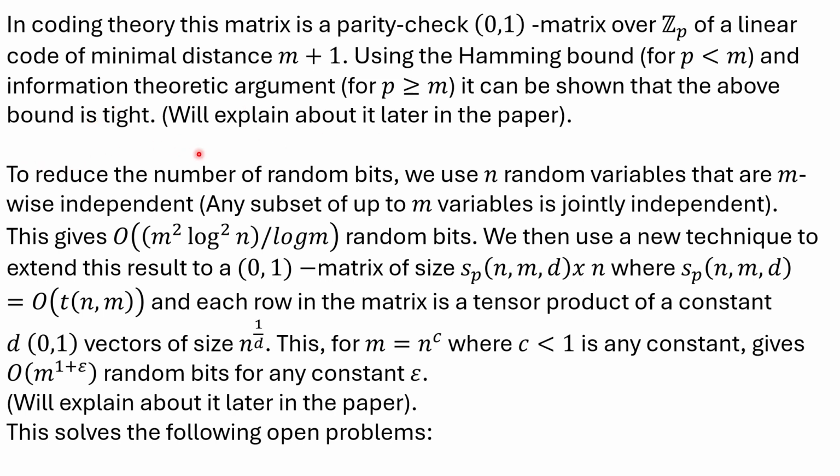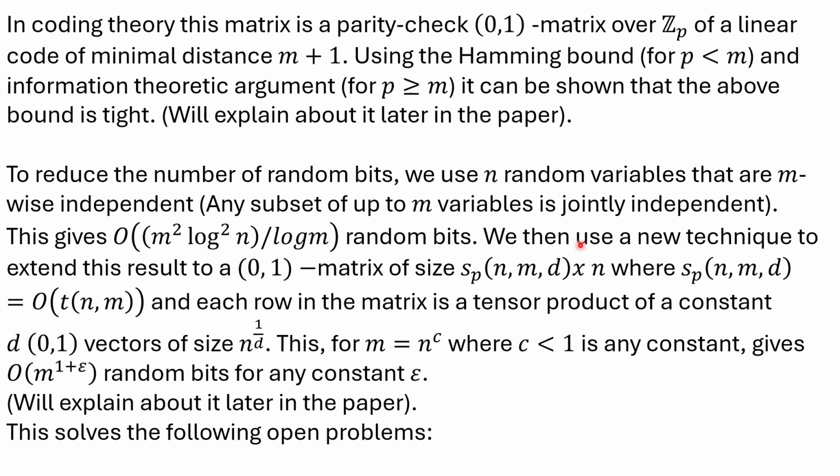To reduce the number of random bits, we use n random variables that are m-wise independent. M-wise independent means any subset of up to m variables is jointly independent. This gives O of m squared log squared n divided by log m random bits.